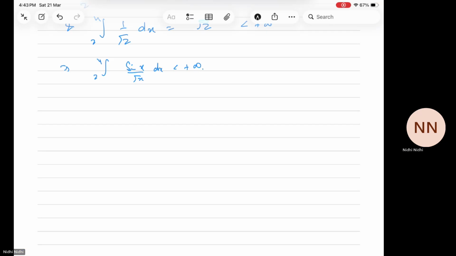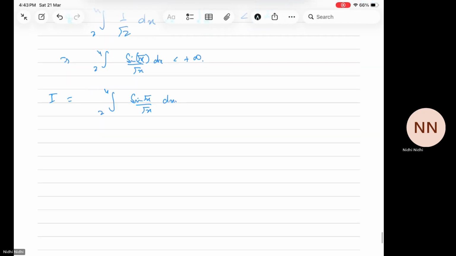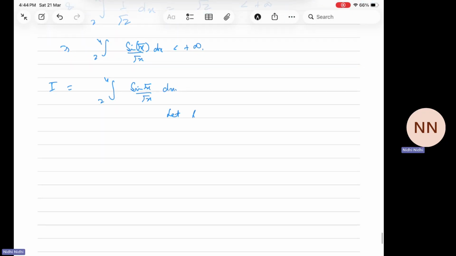Just take the substitution, denote I to be the integral from 2 to 4 of sin(root x) by root x dx. Let t be equal to root x. This gives us that dt is equal to dx by 2 root x. So the limits turn out to be root 2 to 2 of sin t, and dx by root x will be 2 dt.